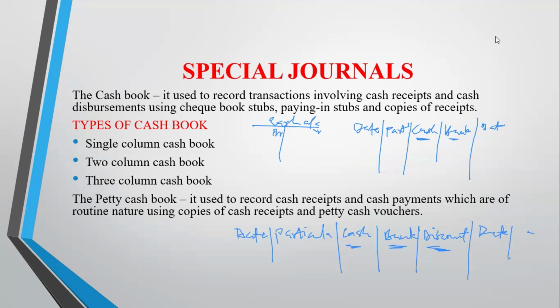So let me put it this way: the imprest system is a system where an initial amount called the cash float is given to the petty cashier to be used for small and non-recurring expenses of the business. That is all about the petty cash book.